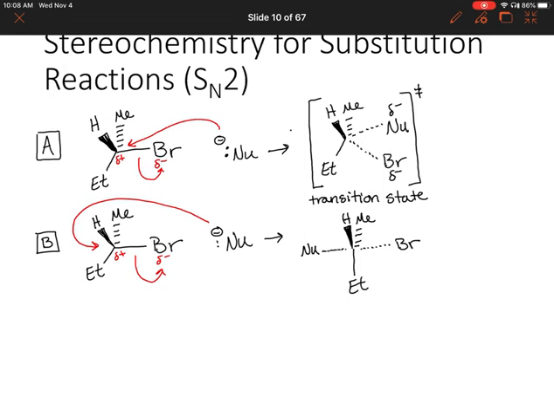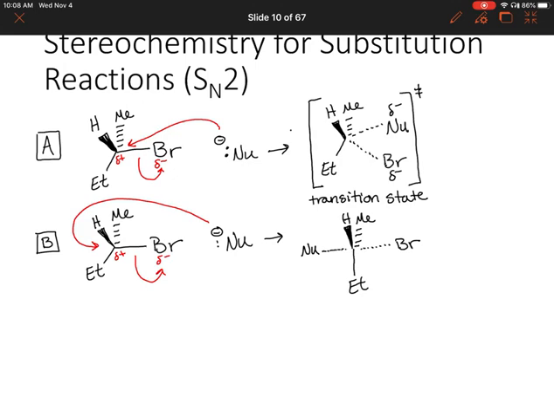And that's why I drew my bonds kind of pointing straight up and down on this one, because for a brief moment, carbon will have a configuration where the 3 bonds in the middle are trigonal planar.